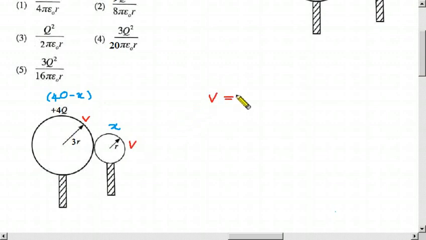Therefore V equals V. Instead of V, we write it without the 1 over 4 pi epsilon naught term: 4q minus x divided by 3, the radius is 3 times, equals x divided by 1, r cancels.